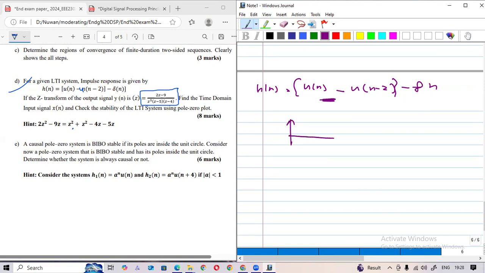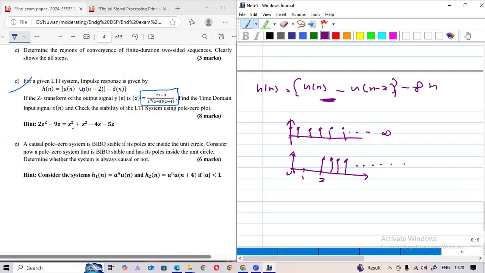What is u[n]? It is starting from 0 up to infinity. Then n minus 2 means this is shifted by 2, so 0, 1, 2, and it starts from there.